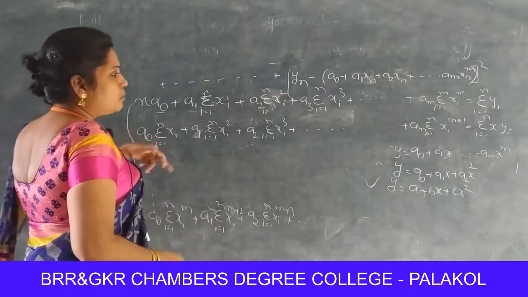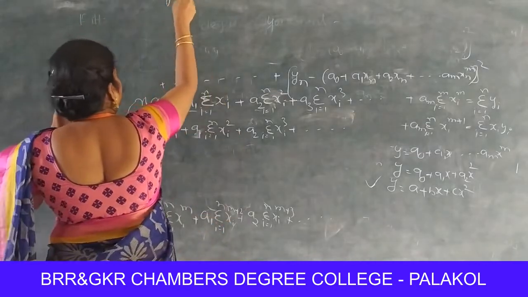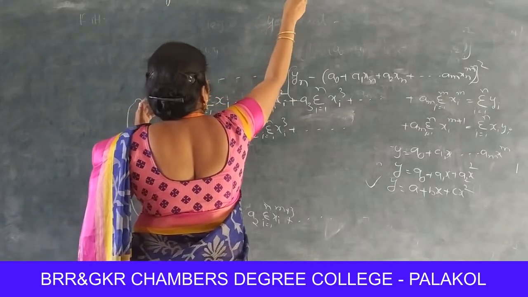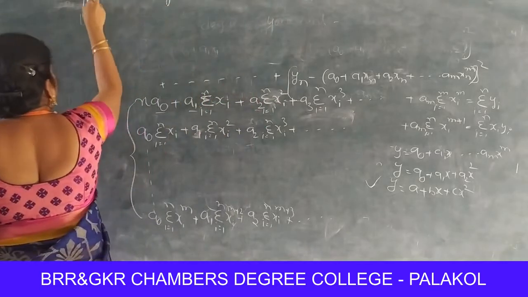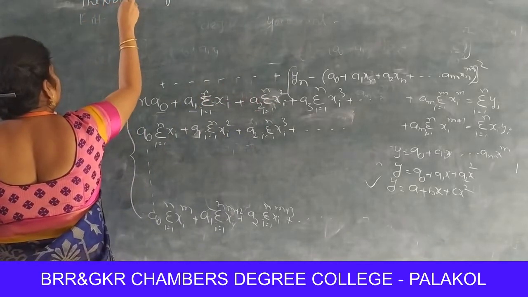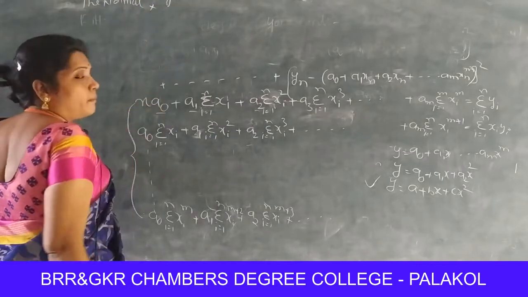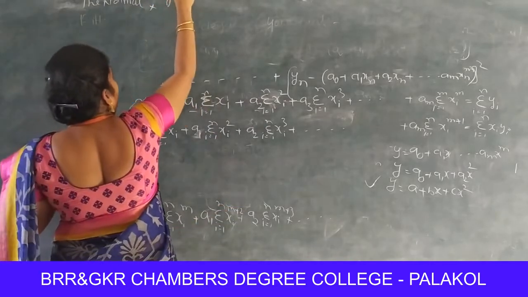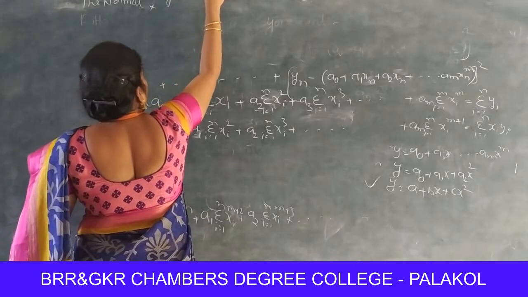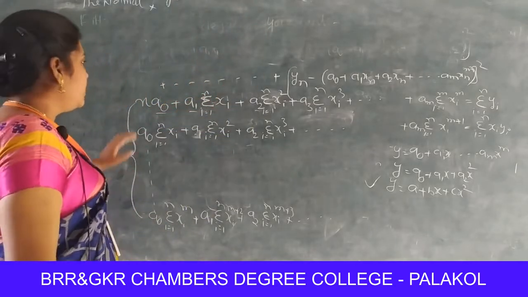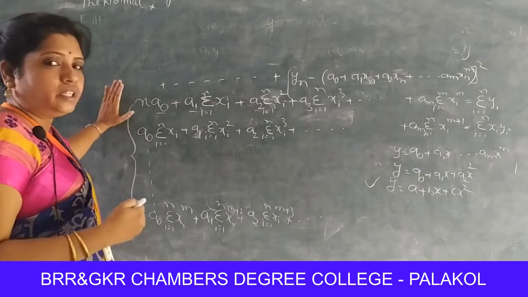For the parabola y equals a plus bx plus cx square, we have three equations.